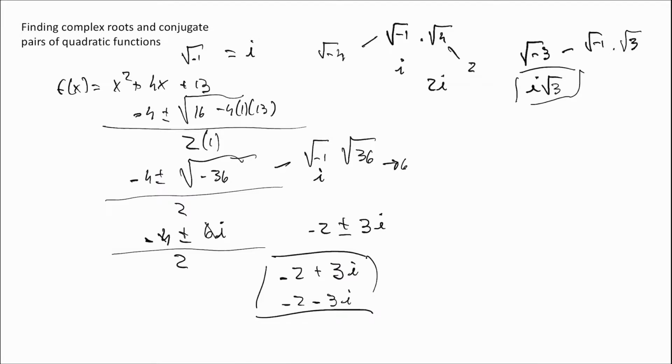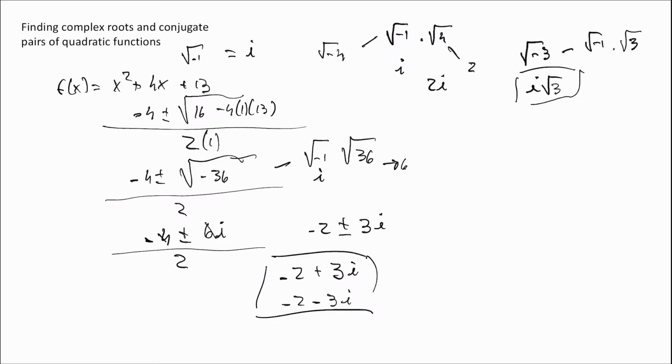And that means that when you multiply them, when you have to put them in factored form, x minus, so this will be my root, -2 plus 3i, times x plus, so -2 minus 3i. When I multiply this, this is important, I will get a number without the i's.